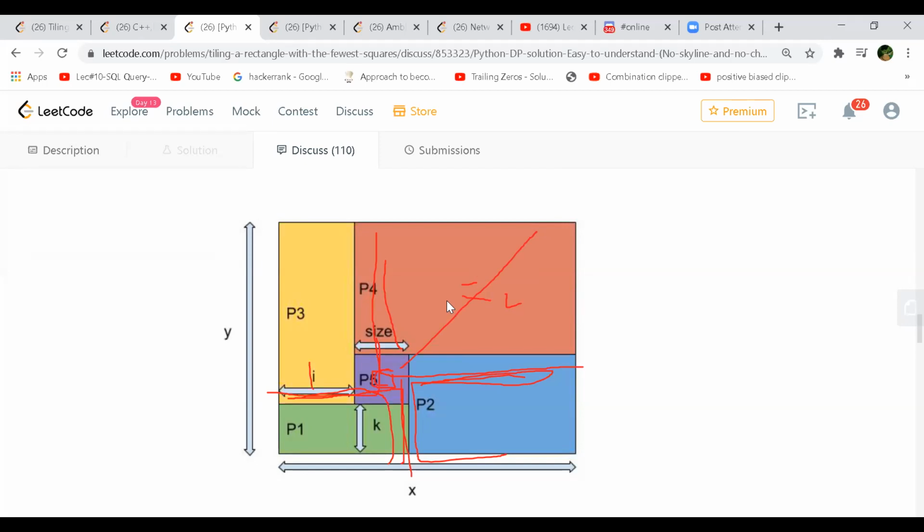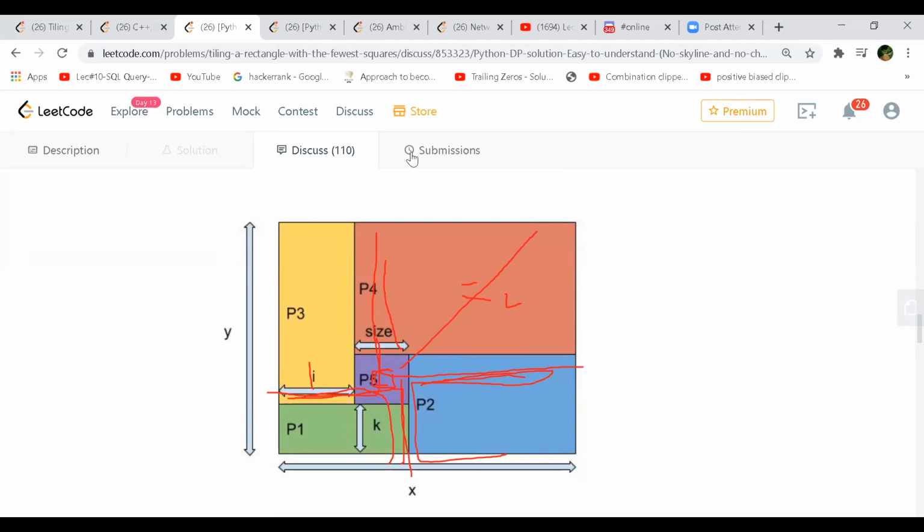So in the code, P5 can start at the 0, 0 top left corner and keep growing and moving. There is no starting coordinate, right? They're just taking the dimensions, so it's 1 by 1. If you take 0 by 0, I don't know, because then the other rectangles won't fit, right?